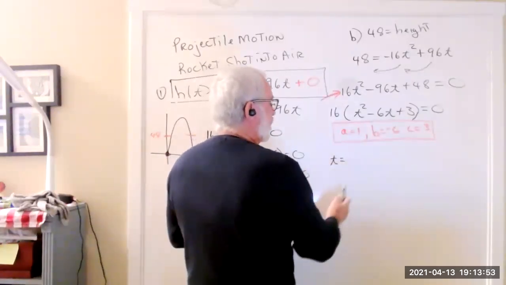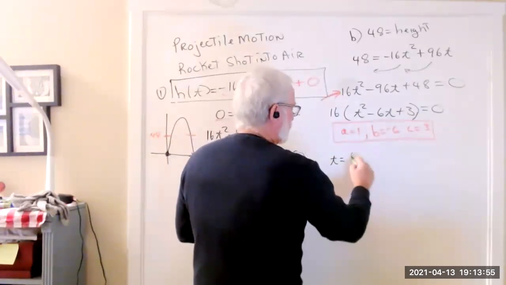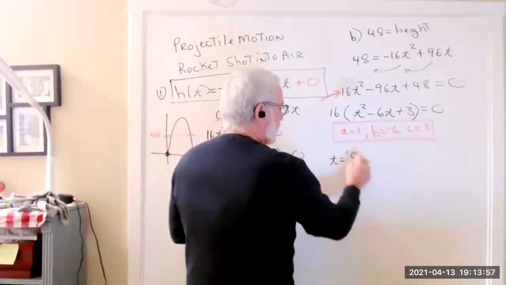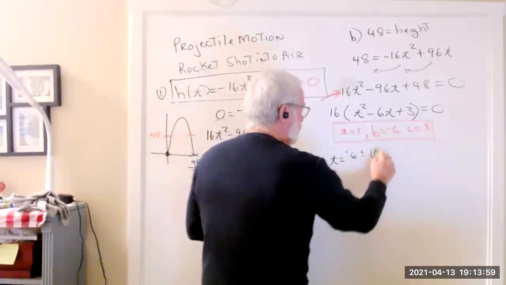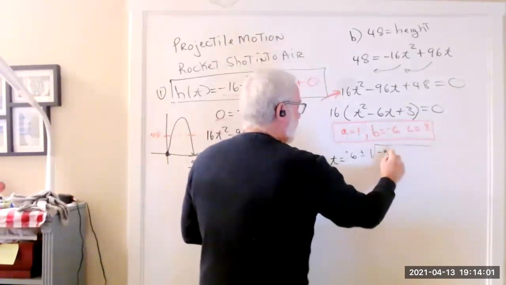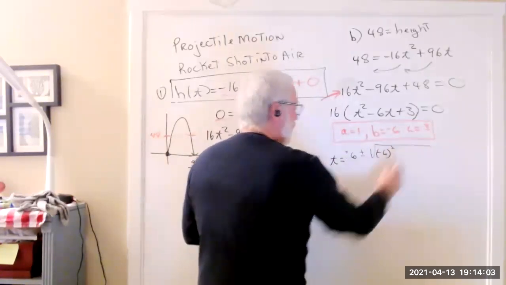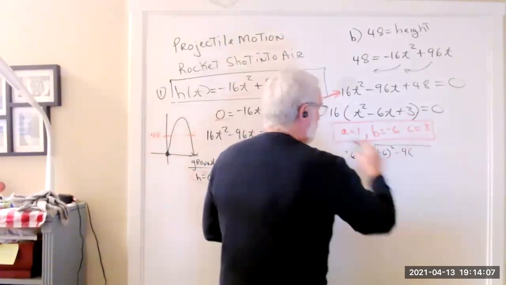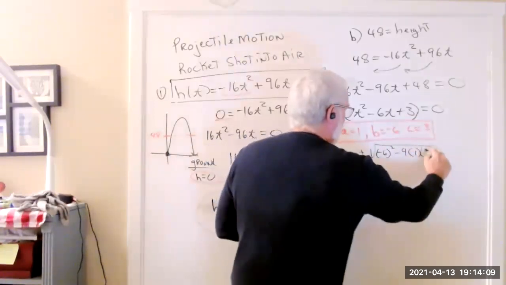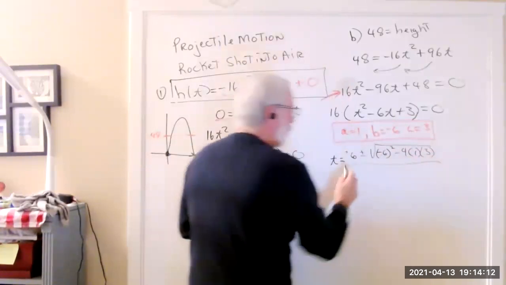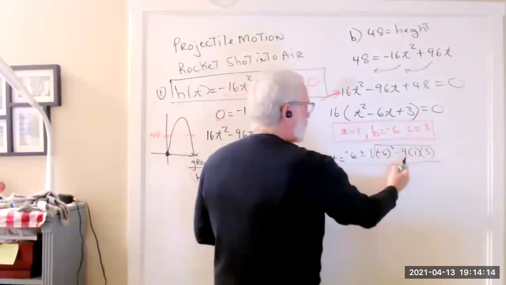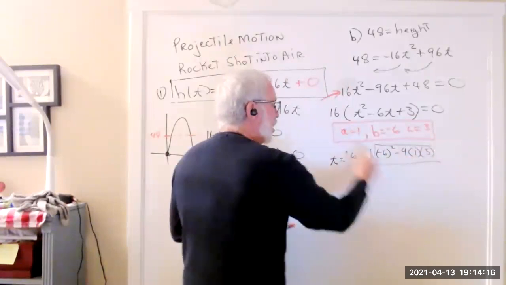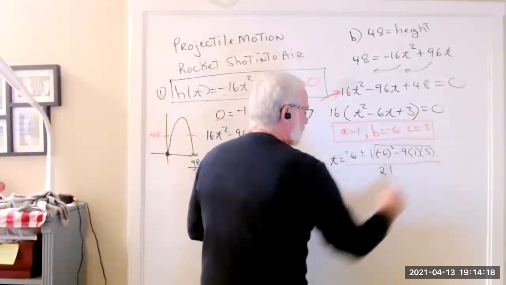T equals negative b, so that's positive 6, plus or minus the square root of negative 6 squared, that was b squared, minus 4 times 1 times 3. That's 4ac, 4 times a times c, all over 2 times a.